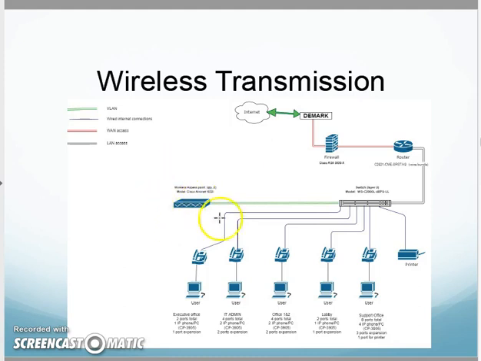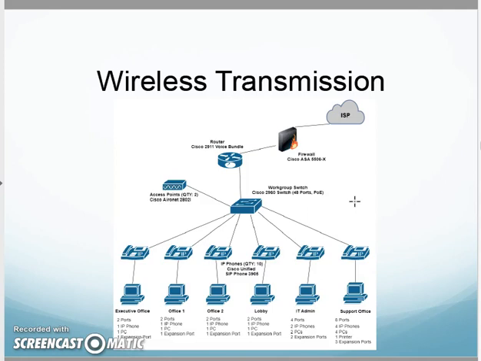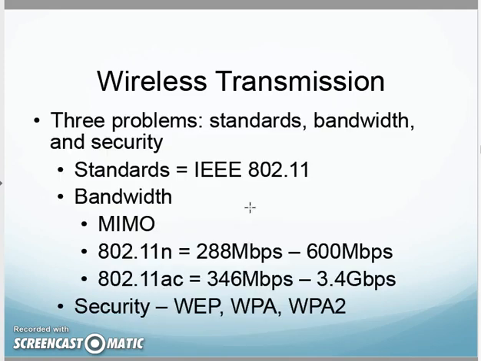As I'm connecting in my wireless access points, here's one, but there might be 3, 4, or 5, they're going to connect into my switch as well using a copper horizontal cable run. So when I deal with a wireless network, I still have those concerns because I do need to cable them into my network. And here will be another example too, just showing a couple access points plugging into my switch here. So I do need cabling for my wireless network.